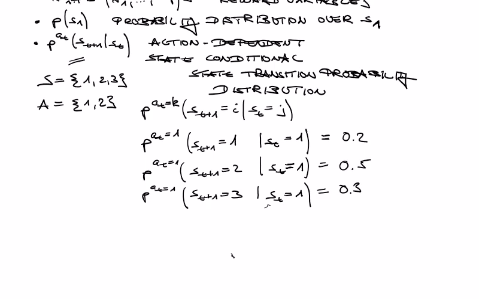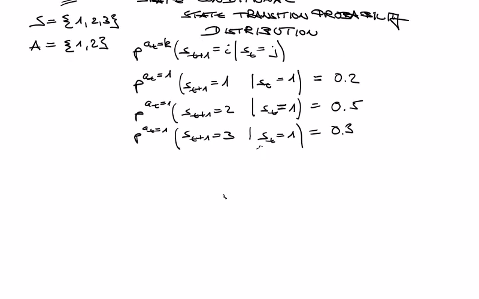Now we only considered one thing, namely that the state is 1. That means to fully specify, in this very small scenario where we have just 3 state values and 2 action values, we need to specify further things.